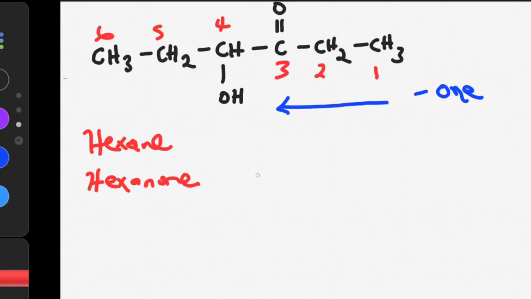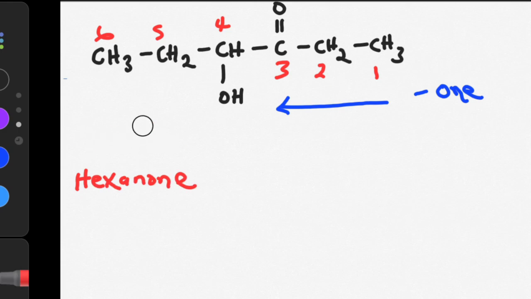So you see, it's going to be a hexanone. And what kind of hexanone? The functional group is on the third carbon, so it's going to be a 3-hexanone. All right. So then we look at the substituent. That's the other functional group.